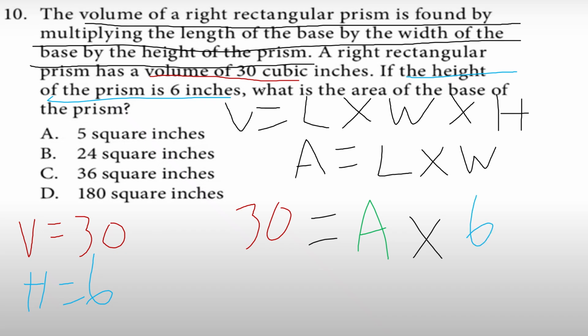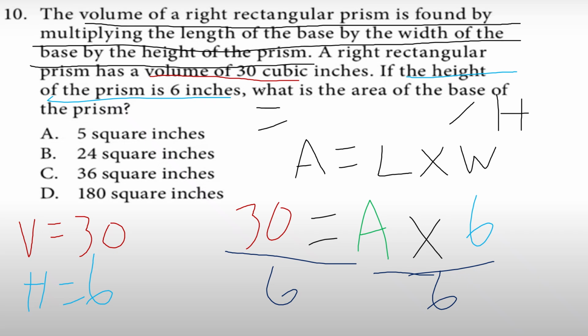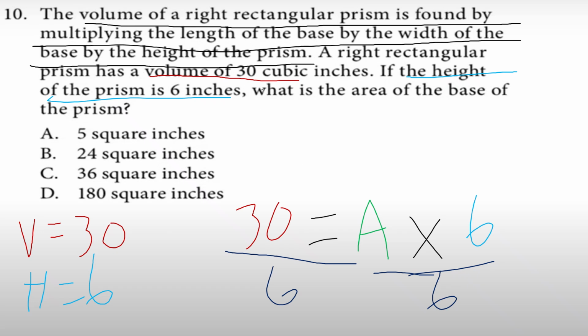So next what we need to do is get the area on the side by itself. To do that, we need to divide both sides by 6. So 6 here, 6 here. And I'm going to go ahead and erase some of these notes up here that we don't need. So on this side, the 6 cancels out.